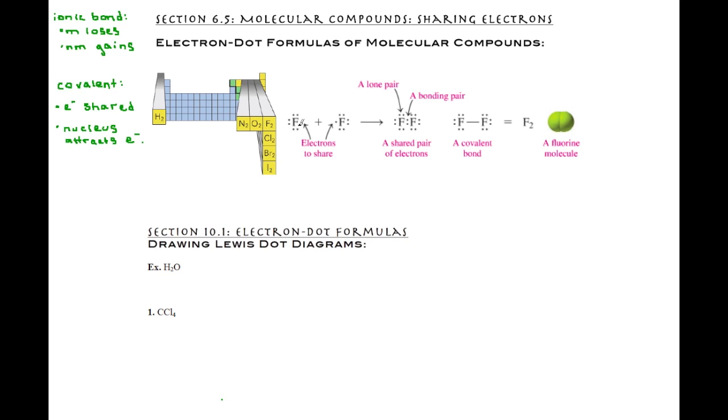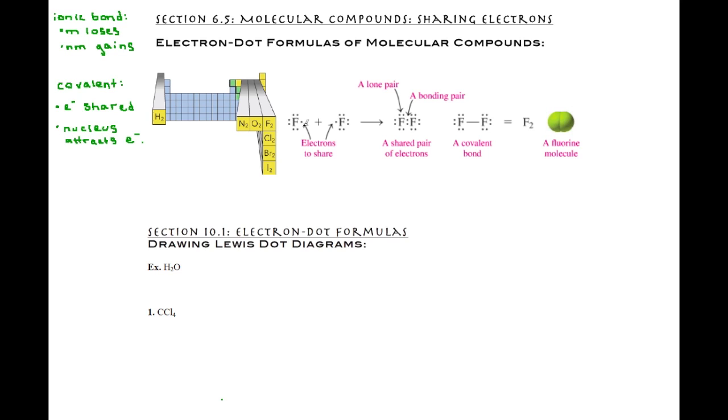If I'm going to create fluorine, there are going to be 2 fluorine atoms in a fluorine molecule. And so if you remember, fluorine has 7 valence electrons, so it shows 7 here and 7 here. Now remember, all of these bonds, ionic and covalent, the reason why they form is that the atoms want to have the electron configuration of a noble gas.